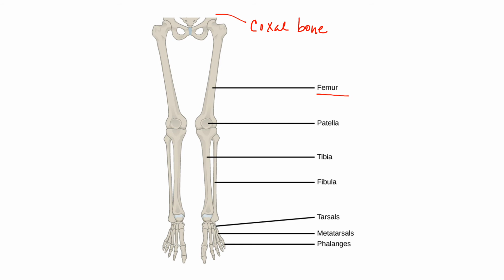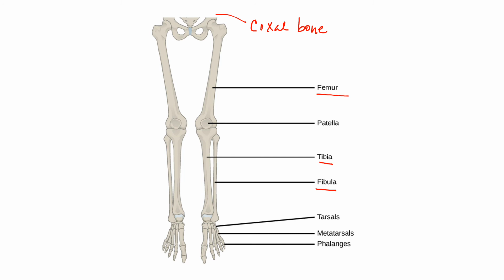And then there are 2 lower leg bones, like there were 2 lower arm bones, and these are the tibia and the fibula. The tibia is the larger of the leg bones, and it is more anterior or more to the front, and the fibula is a little more lateral and posterior. You don't need to know those terms, but sort of to the side and a little toward the back.